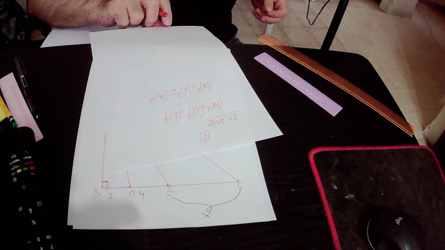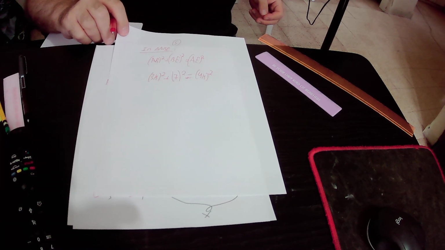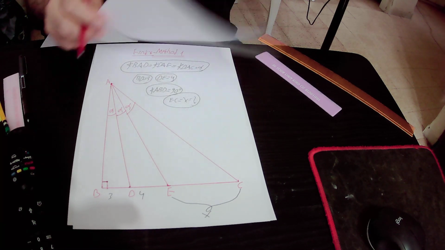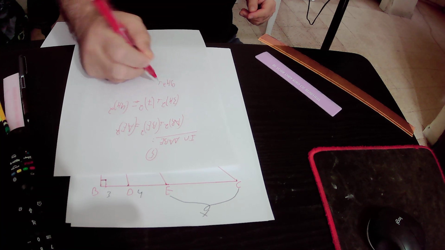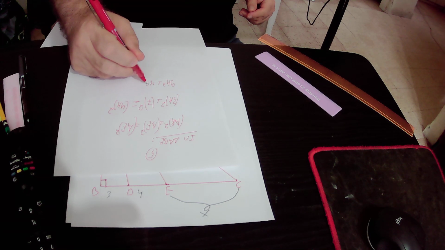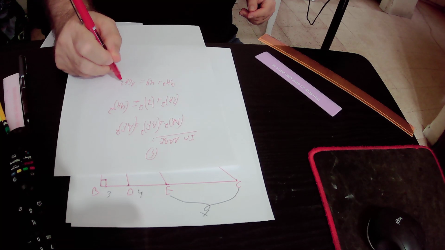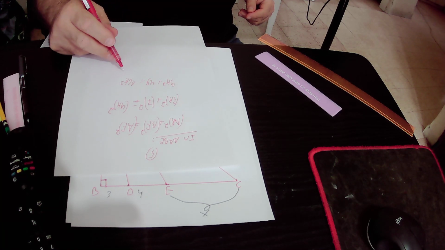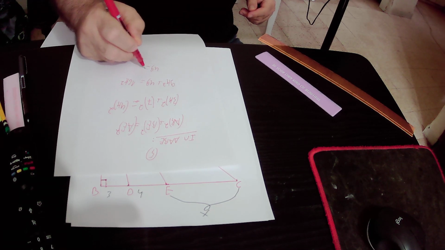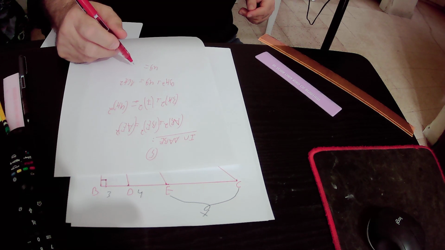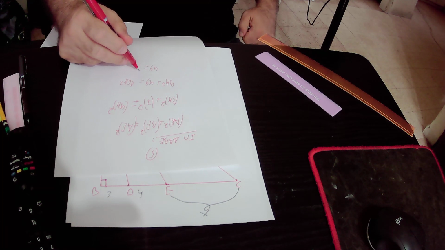Okay, so we have this equality. So here 3K square is actually 9K square plus 7 square is 49 equals 4K square is 16K square. So here we will subtract from this equality 9K square, and we will get that 49 equals 16K square minus 9K square, which is 7K square.